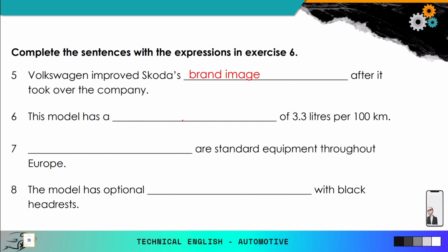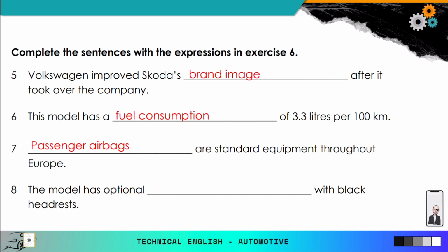This model has a fuel consumption of 3.3 liters per 100 kilometers. The car uses up 3.3 liters per 100 kilometers, fuel consumption. Standard equipment throughout Europe, passenger airbags throughout the world, I might add.